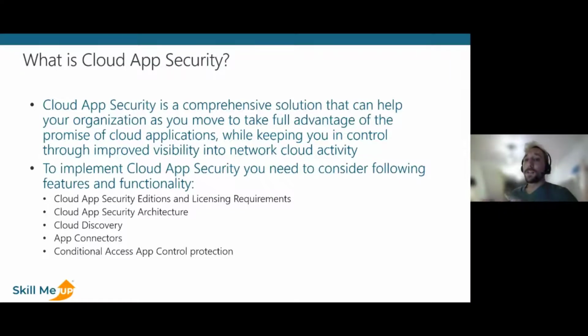You have to understand the security architecture. It works with connectors. And you have to have some understanding of the conditional access app control protection policies. But we'll dive deeper into that later. What is good to take away from this slide is that it's a really broad suite, with which you can do a lot. And I'll dive deeper into each pillar in a bit.